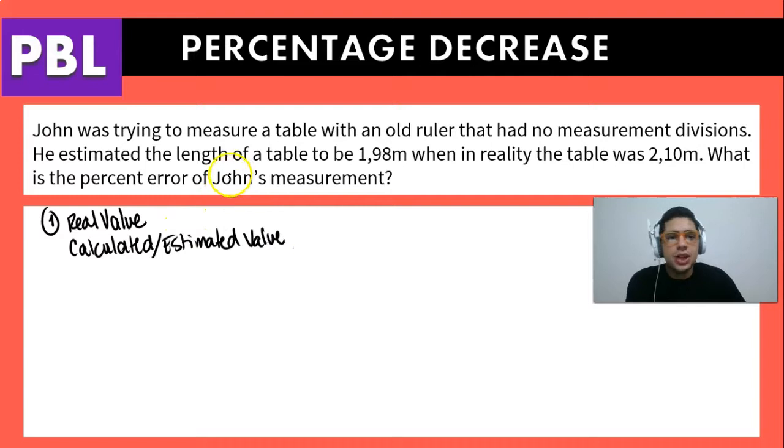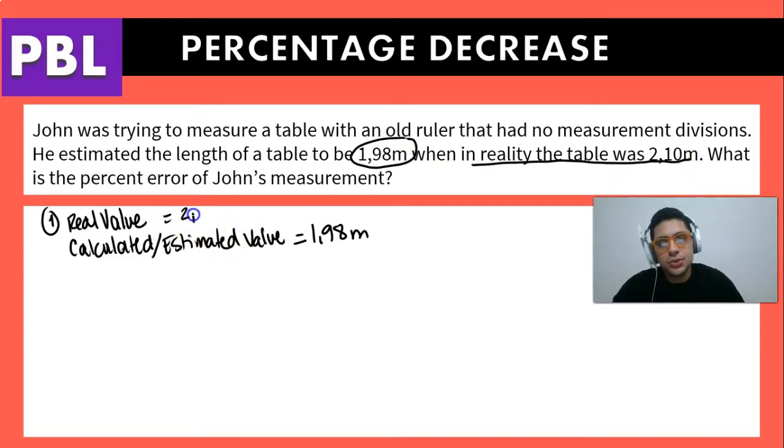So John measured the length of the table to be this value of 1.98. So that is the calculated or estimated value. But in reality, the table was 2.10 meters, right? So now we're being asked, what is the percentage error?